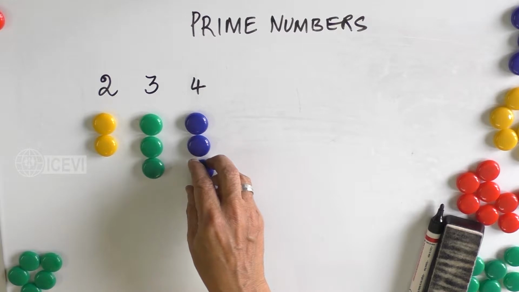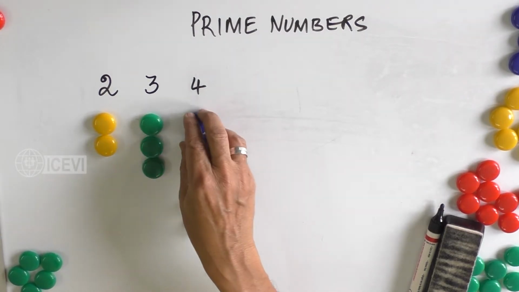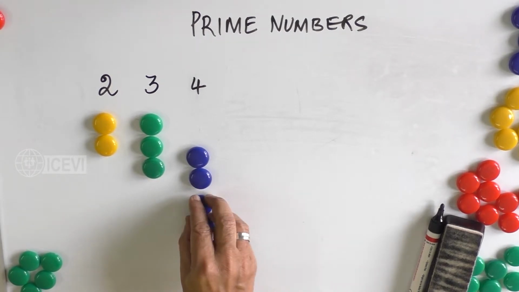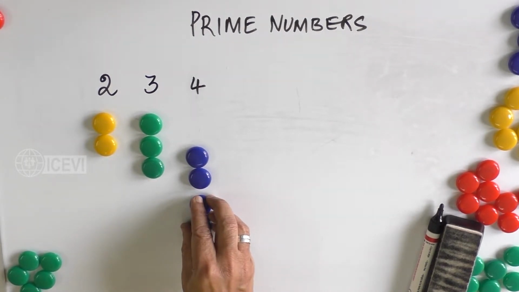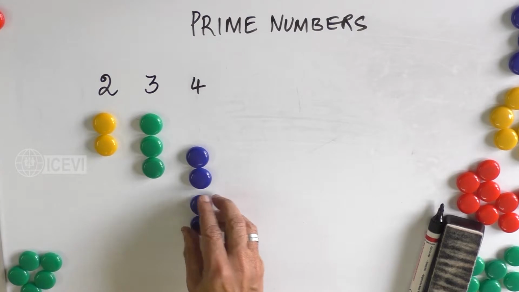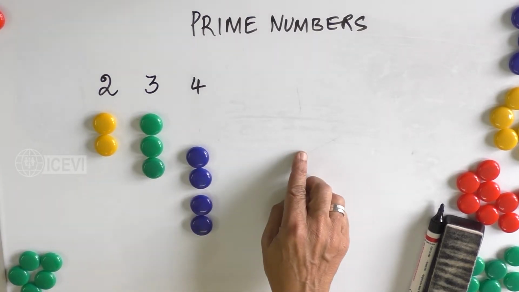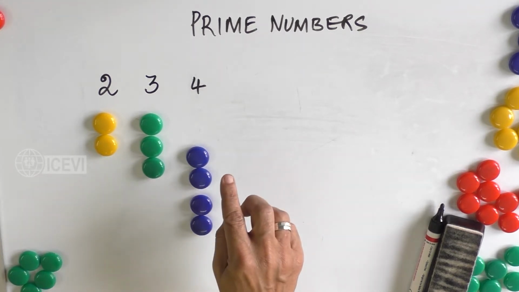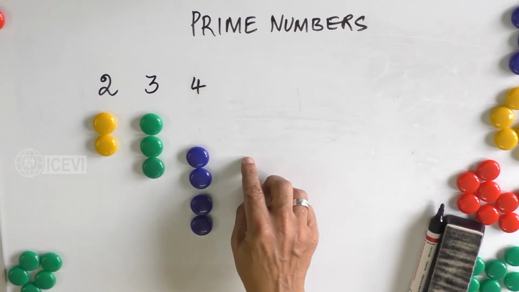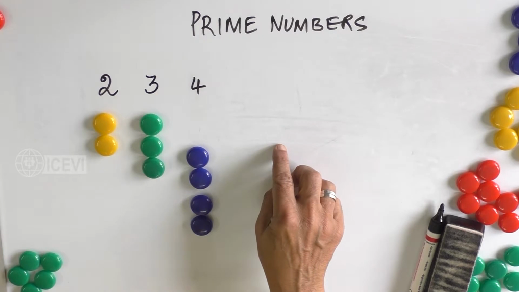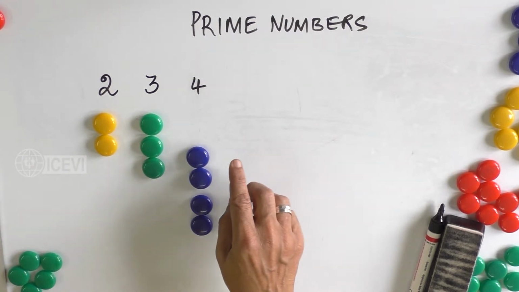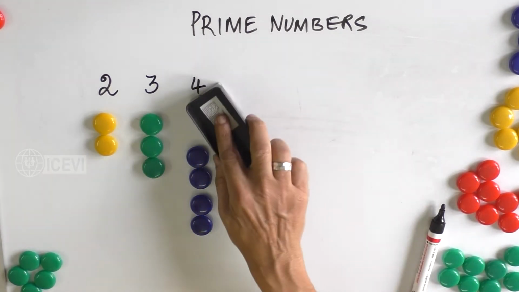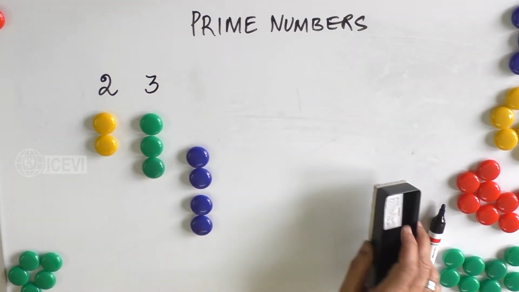Now you take 2 at a time, there is no remainder. So 2 is acting as a divisor for number 4. That means the divisors for 4 are 1, 2 and 4. So the number has 3 divisors, and the number 4 is not a prime number.